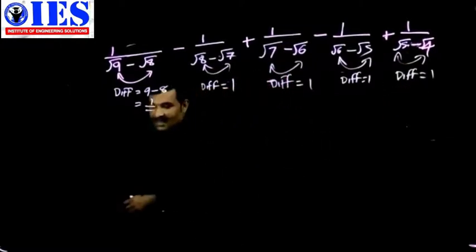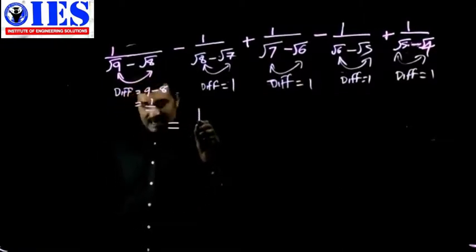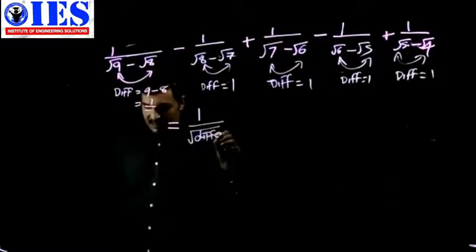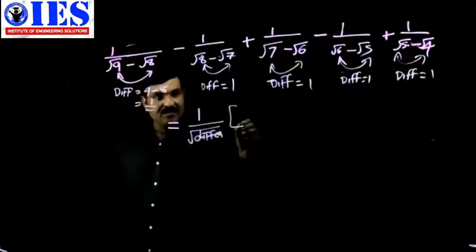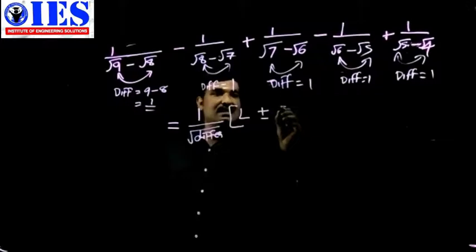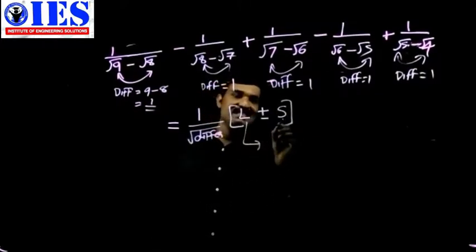Right. Then the answer of this is equal to 1 divided by square root of the difference, multiplied by L plus or minus S. What is L? L is the largest term and S is the smallest term.